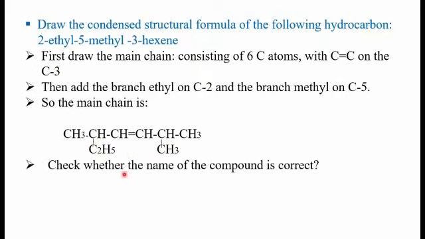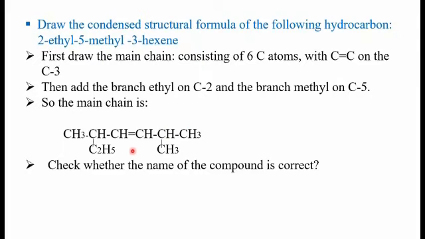Check whether the name of the compound is correct. First, we must take the longest chain containing the double covalent bond. So the longest chain is 1, 2, 3, 4, 5, 6, 7, and not 6 carbon atoms. So the longest chain contains 7 carbon atoms, it is a heptene, and we must number nearer to the double covalent bond, so we number from here 1, 2, 3, and not 1, 2, 3, 4.